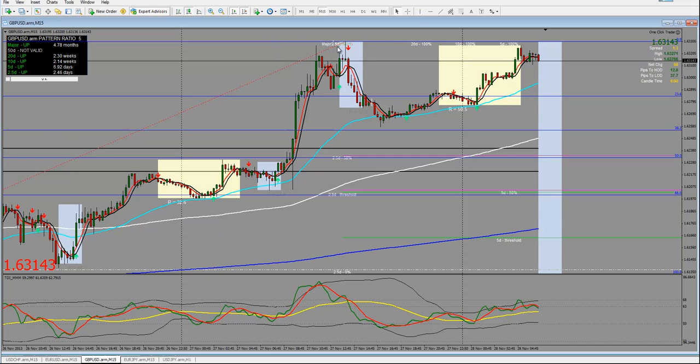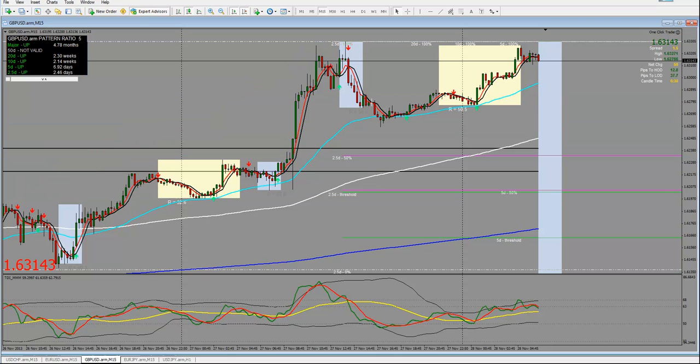So today the bias is mixed. London session we're looking to short, and New York we're looking to buy in this pair.